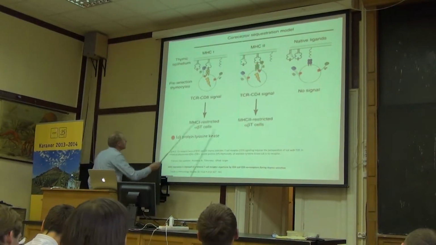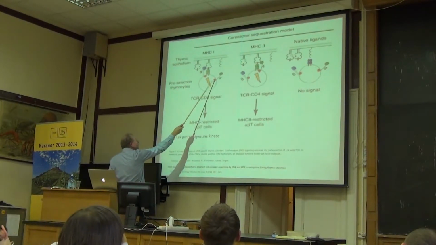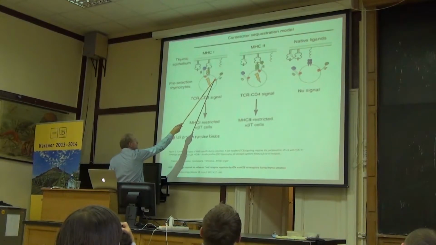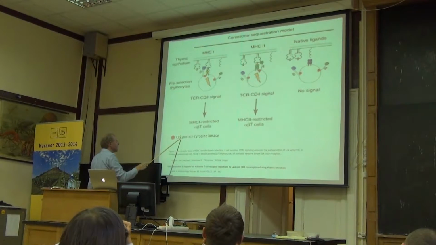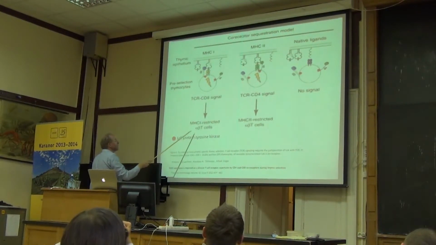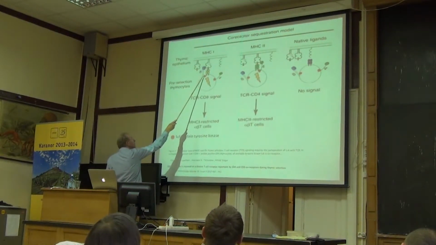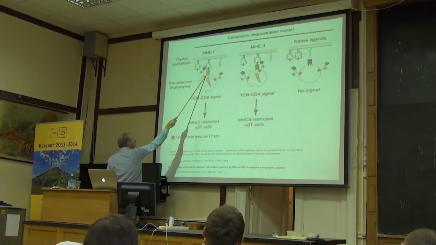I said to you that the co-receptor binds to tyrosine kinases, and the one that is important here is the so-called LCK protein tyrosine kinase, and it brings it to the T-cell receptor.